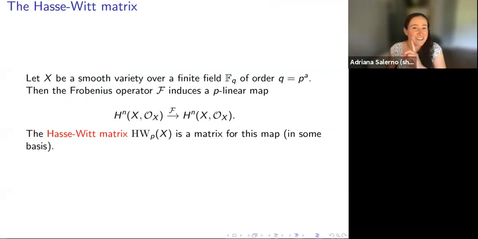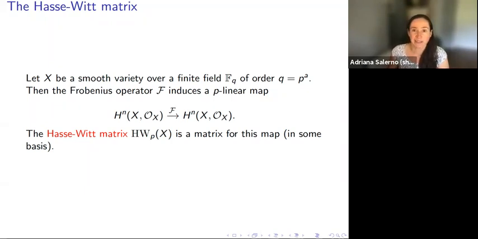So far, this is the first time you've seen a finite field, so that's exciting because this is a finite field session. If we have a smooth variety over a finite field, then we can define something called the Frobenius operator, which induces a p-linear map of the nth cohomology to the nth cohomology. Okay, and this Hasse-Witt matrix, or holomorphic n forms to holomorphic n forms, really, and these are vector spaces.